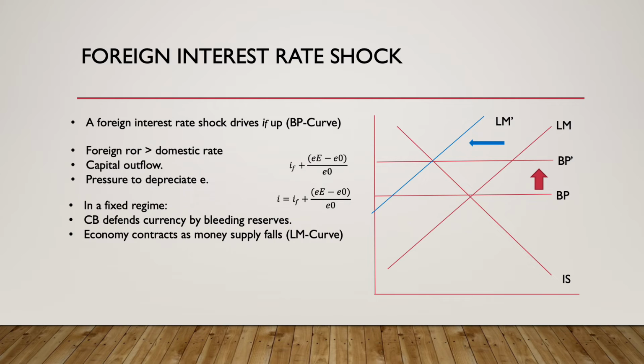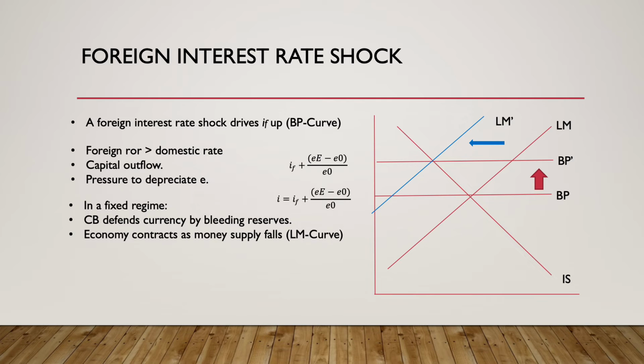Now, we'll do this more extensively, I think, later on, but the hint that I have for you now is that if that were the case, it would change one aspect of our rate of return. You see, under a fixed exchange rate regime, our term expected E minus E naught over E naught, the expected depreciation of the currency, well, if the regime is credible, that's zero.